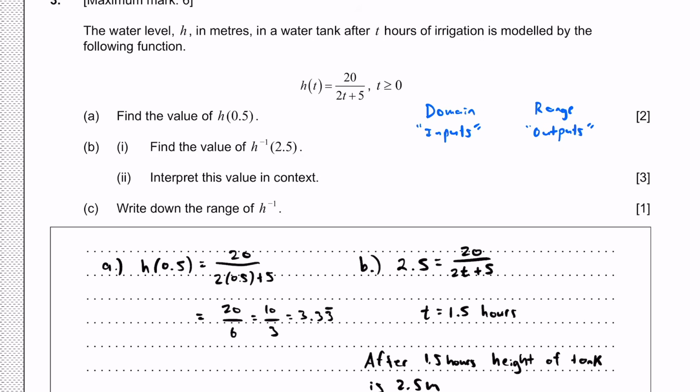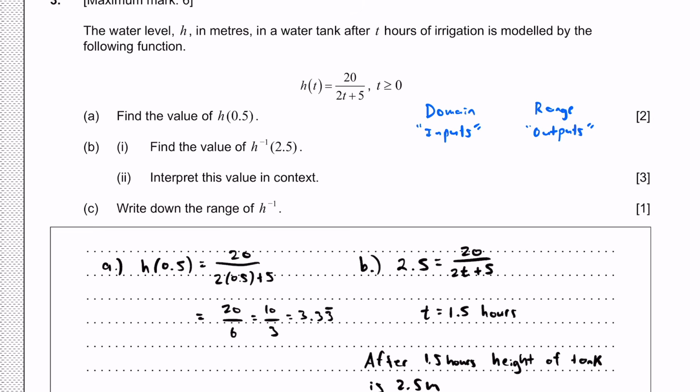And we know that the inverse itself reverses a function. If we're asked to find the range of H inverse, the range of H inverse would be the domain of our normal function.